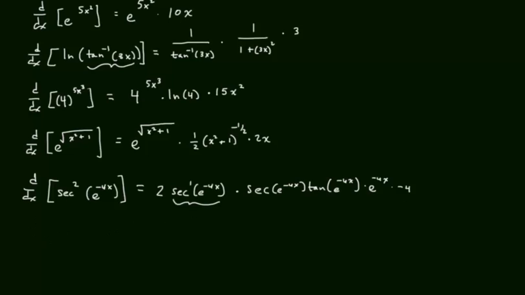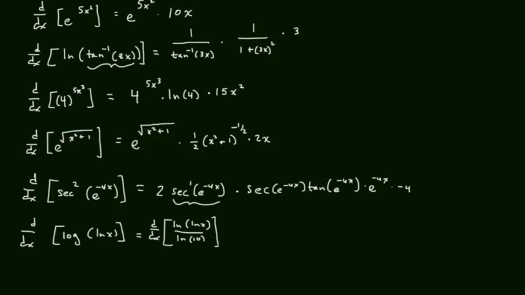Nice. Okay, the derivative with respect to x of log of natural log of x. In the absence of a written base, log is assumed to be base 10. So what I like to do is just change the base in my mind. So this is going to be the natural log of the natural log of x over natural log of 10.